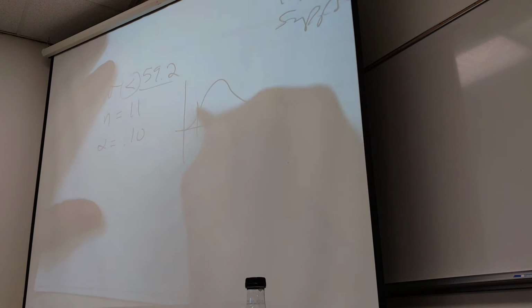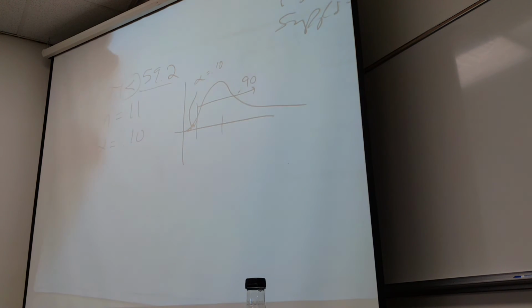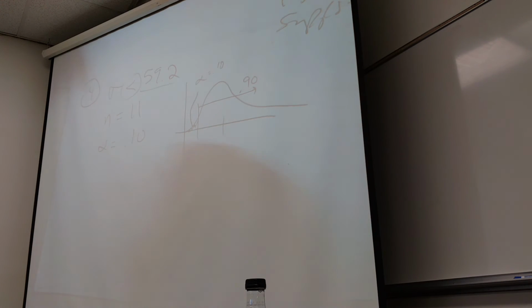All right, so how much is in this tail? And what's the actual number I want to look up? 0.90. Degrees of freedom is 10.